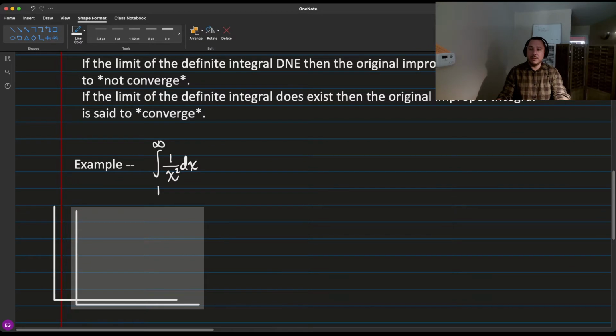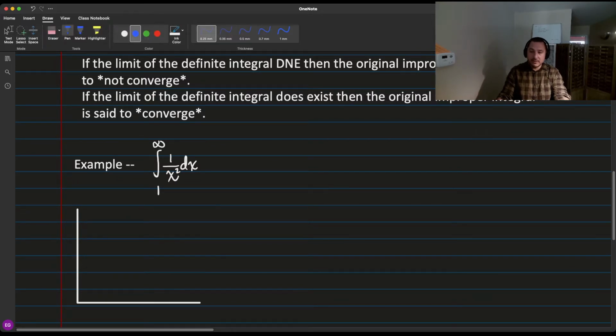Okay, so remember, 1 over x squared looks a lot like 1 over x. Looks something like this. And you are accumulating the area under it from 1 off to infinity.